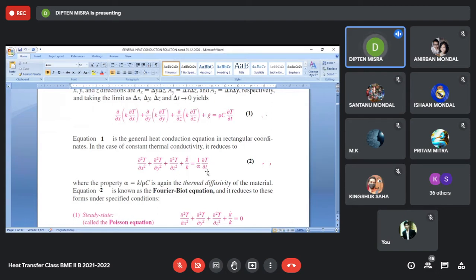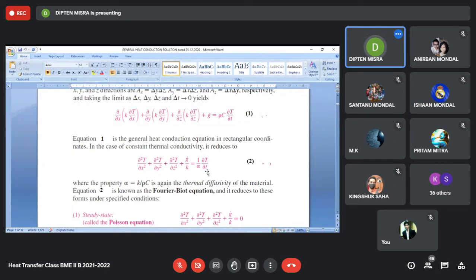And we must have an initial condition from where we can get the solution to subsequent times. If we know the temperature condition at the initial time, from that point onward we'll be able to find out the temperature for subsequent periods of time.